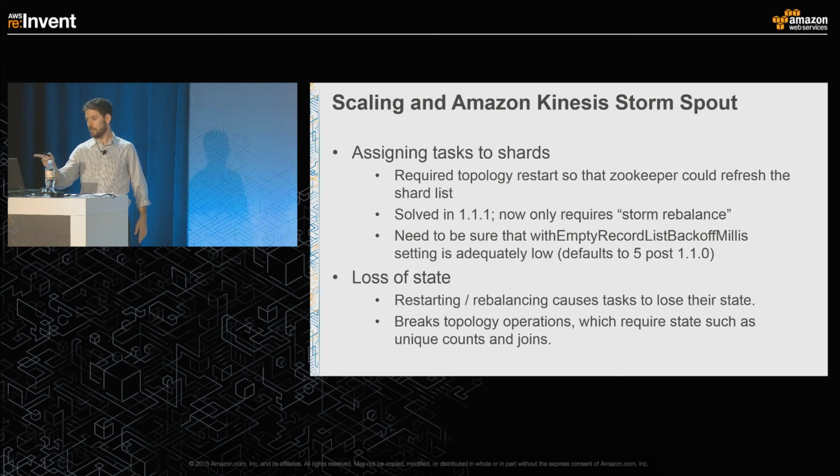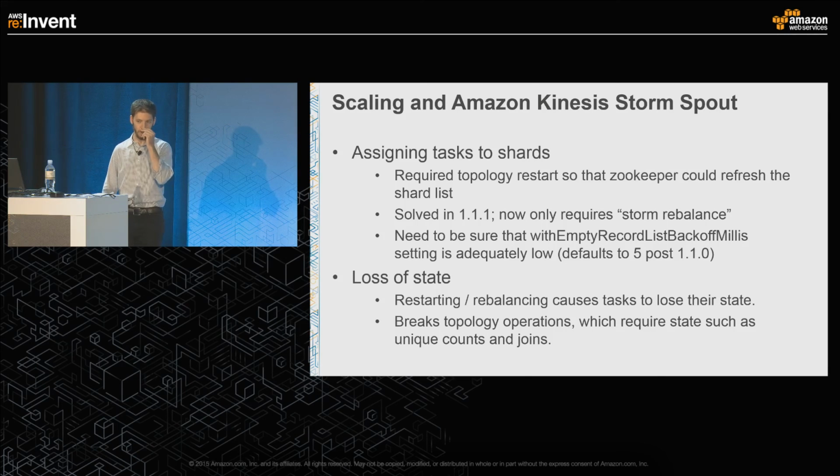With the first version of the Kinesis storm spout that we were using, this was set to 500 milliseconds, and that created a big bottleneck because we would pull from a closed shard, get no records back, wait 500 milliseconds, pull from another closed shard, get no records back, wait 500 milliseconds, and then finally we were able to pull from our open shard.